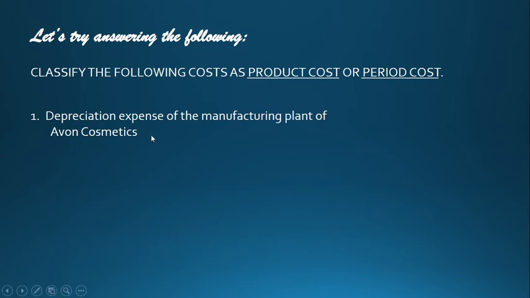So what will be the answer? It is a product cost, specifically as a factory overhead. Kasi nga, ang manufacturing plant ay isa sa mga kailangan para mabuo ang isang product. So, it is just correct to classify its depreciation expense as a product cost, though hindi siya directly attributable or traced sa product.